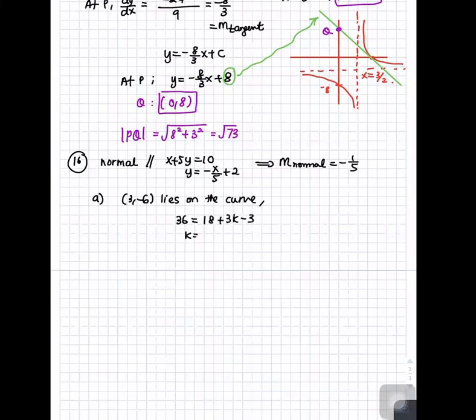What's your k? 7. Correct. Supposed to be a minus 6 here.